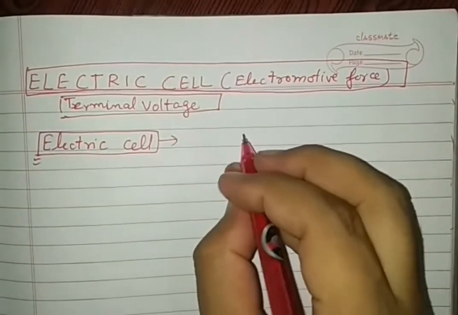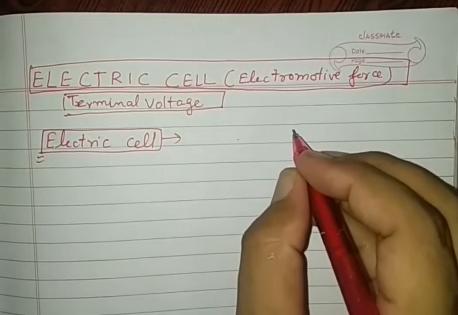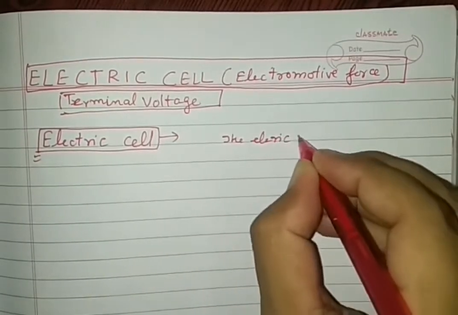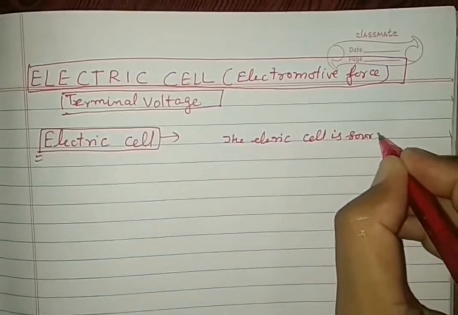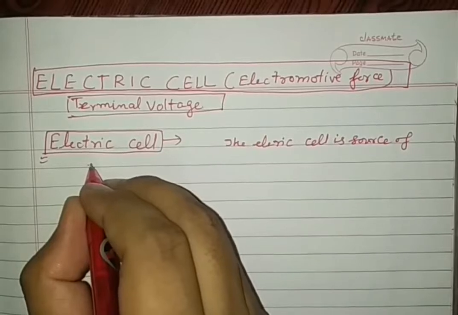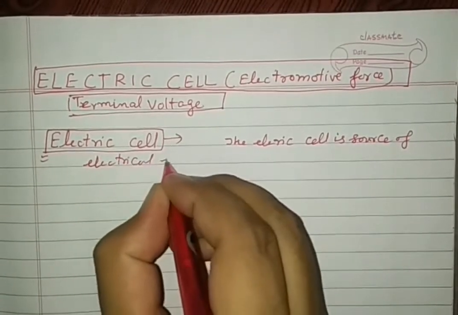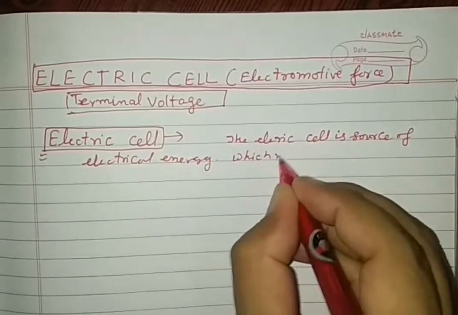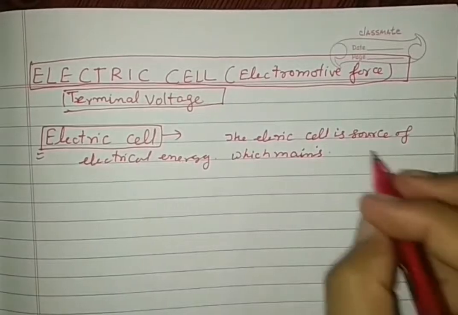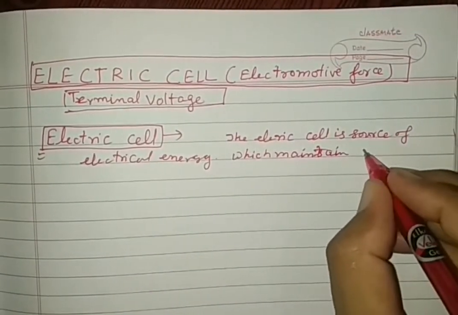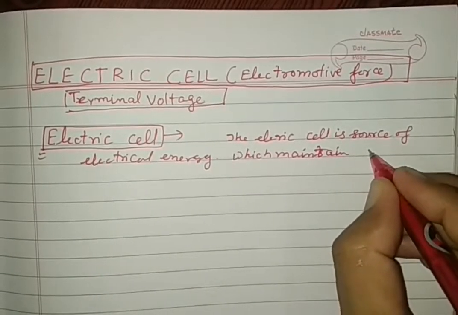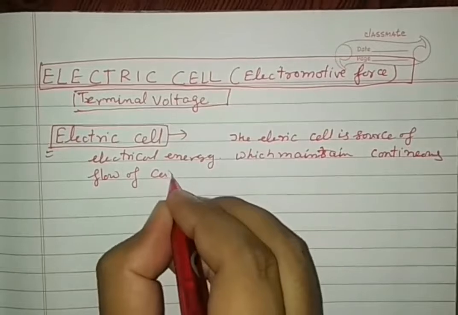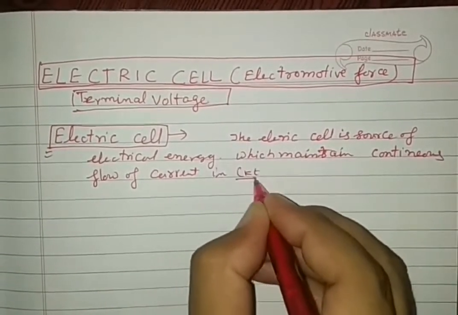You are knowing, the electric cell is a source of electrical energy which maintains current, we can say continuous flow of current in a circuit.